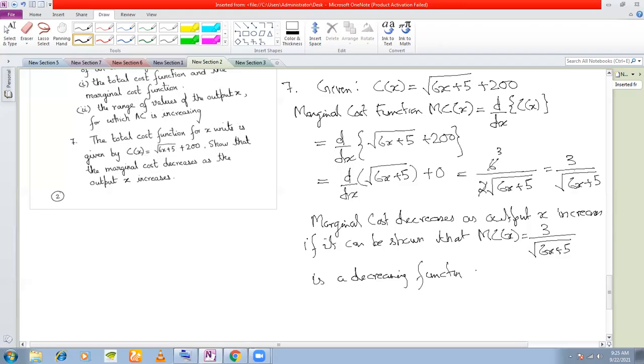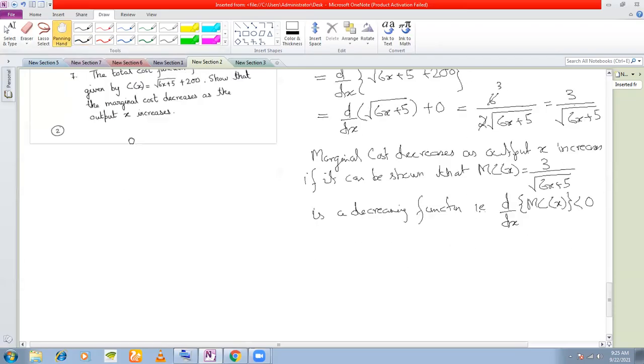That is, when is the function decreasing? When its first derivative is negative, right? Let's show that the first derivative is negative.